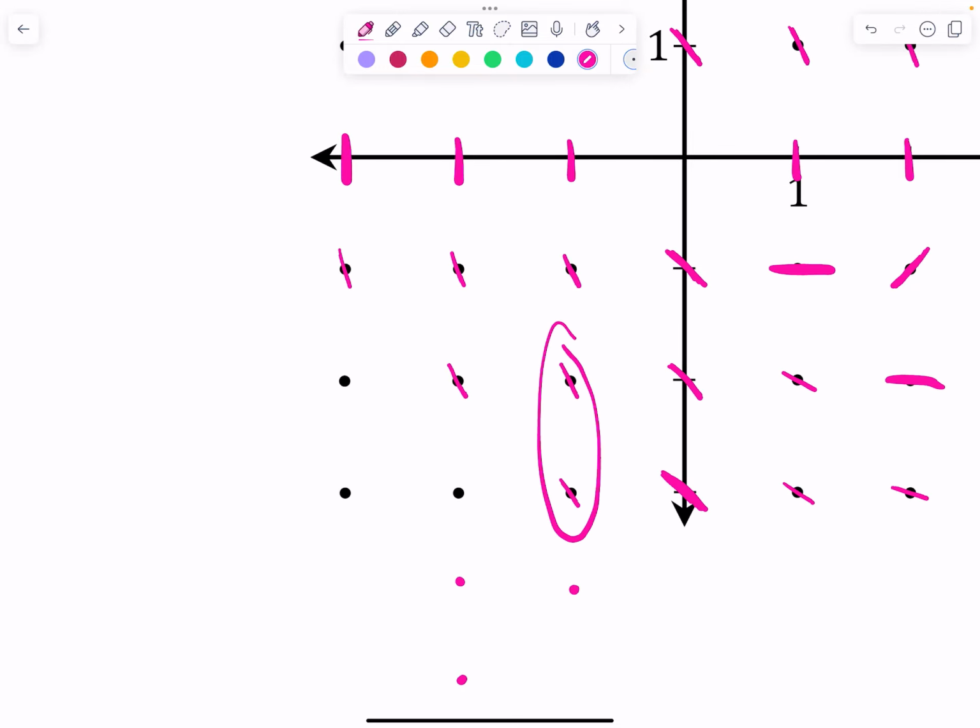Yeah, these look off. I probably added it instead of subtracting. Negative 1 minus 2.